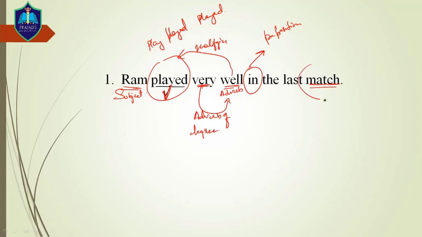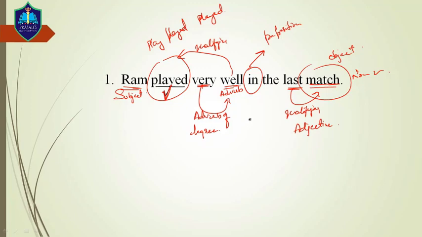It is a noun and match becomes the object. So this is a noun also, right? And it is correct now. So last is there. Last is qualifying the match. This is the adjective here. So we are done plotting for the first example.